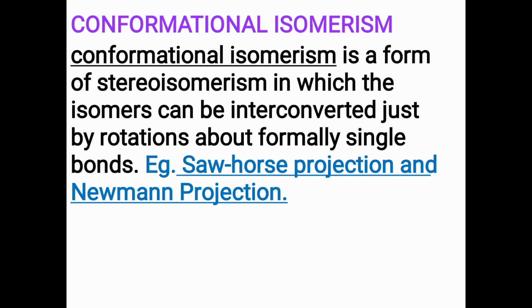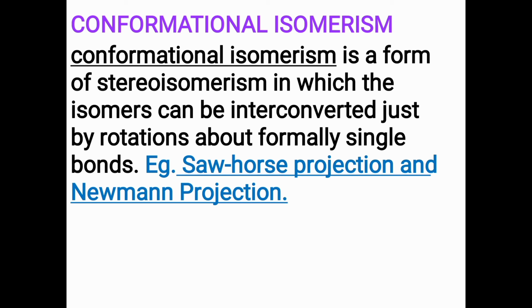Suppose we have two carbons joined by a single bond, that is a sigma bond, and these two carbons can be rotated, and as a result the groups or elements attached to the two different carbons change their orientation.